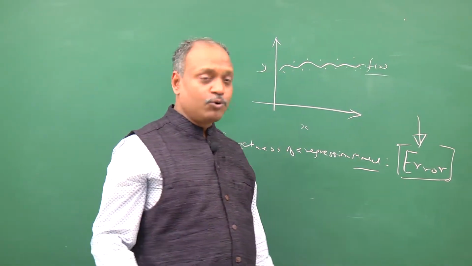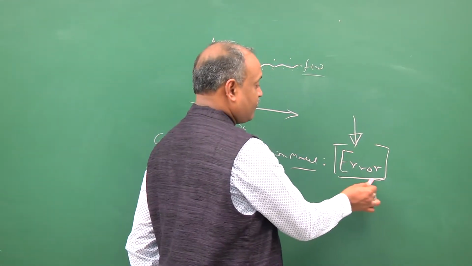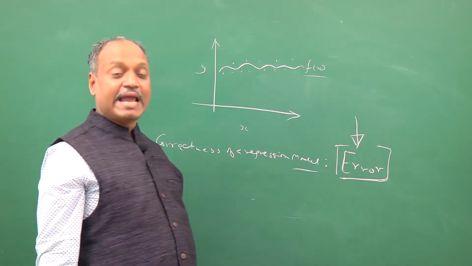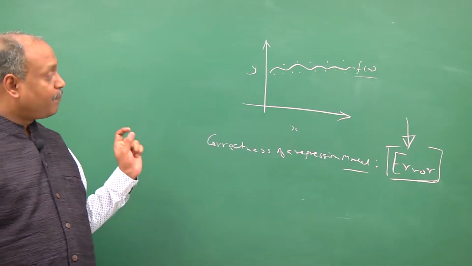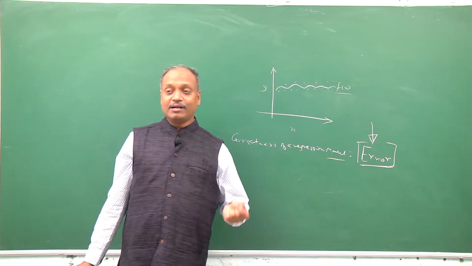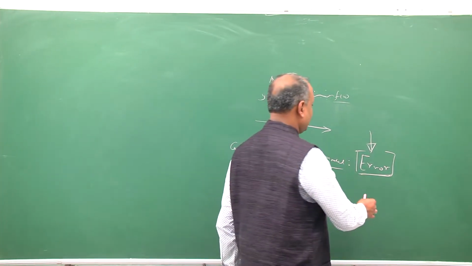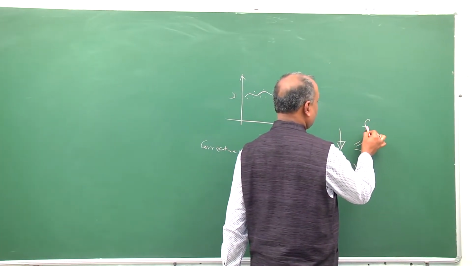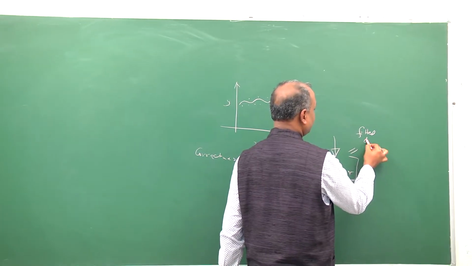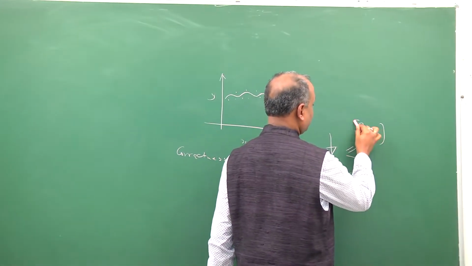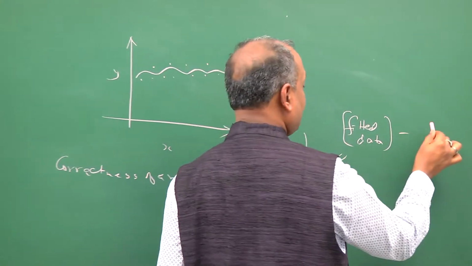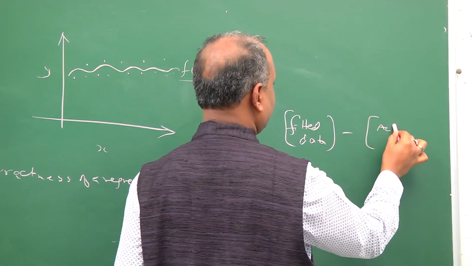So there is bound to be some notion of error, which is effectively a gap between the predicted data and your actual data. So what we can say is this is some notion of fitted data, which is your predicted or equation model data, minus actual data.